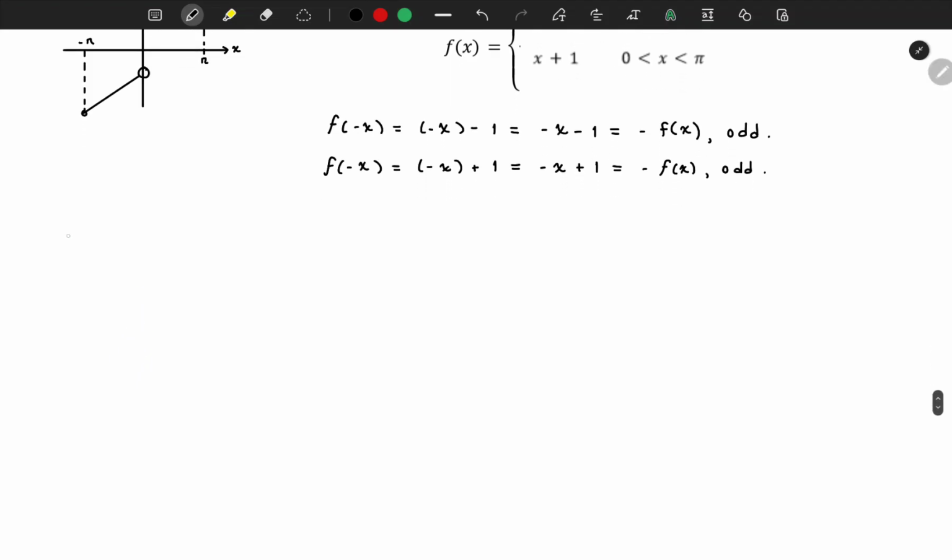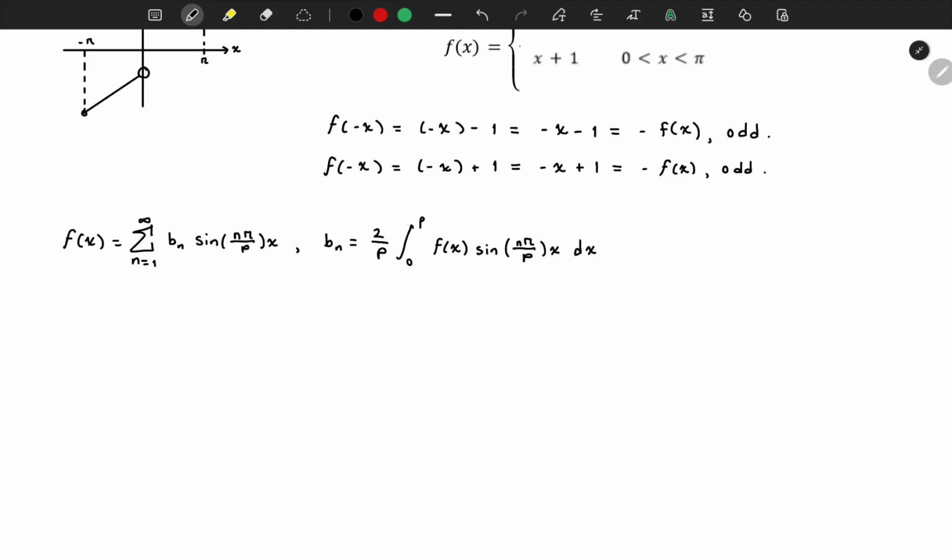The formula that we have to use for this Fourier series is f of x equals the sum from n equals 1 to infinity of b of n sine of n pi over p x, where b of n is equal to 2 over p times the integral from 0 to p of f of x sine of n pi over p x dx.